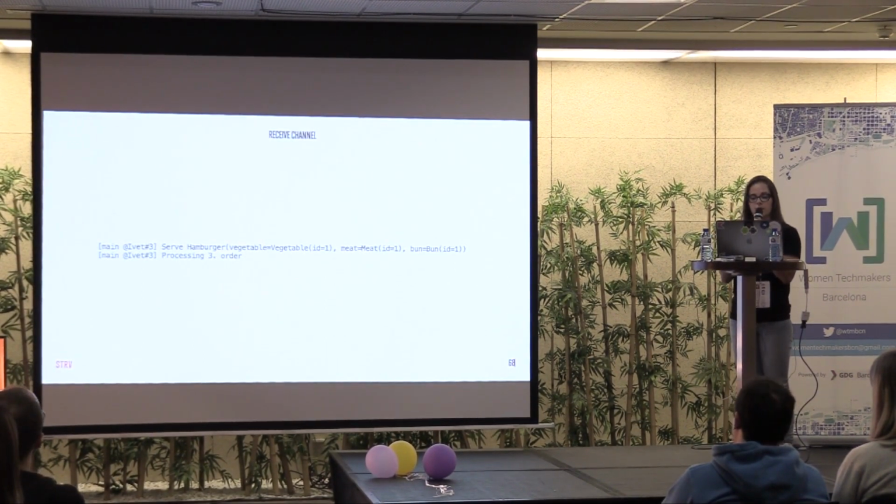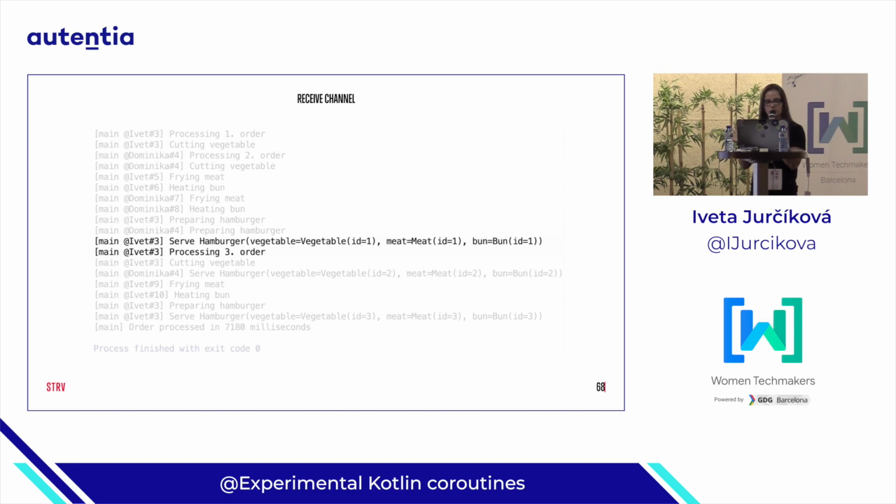Work was divided equally. First order was taken by me, then Dominika, me, and the next one would be taken by Dominika. If we assume that making a hamburger would still take the same amount of time, each cook would process the same amount of orders, thanks to the fairness of channels.